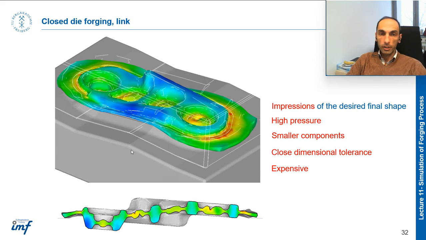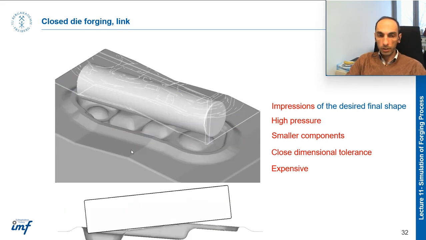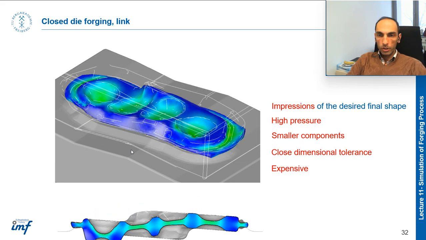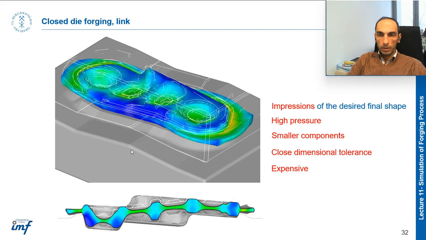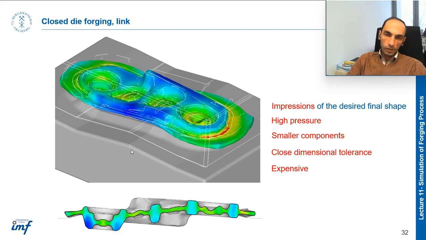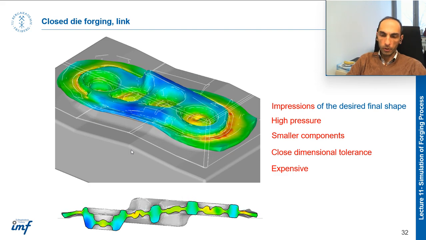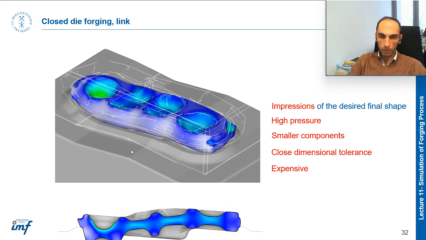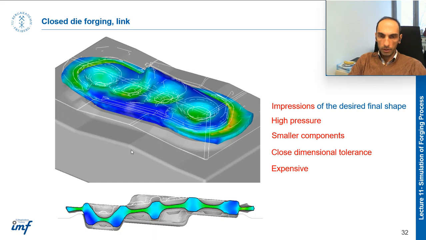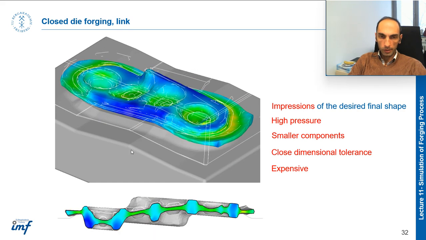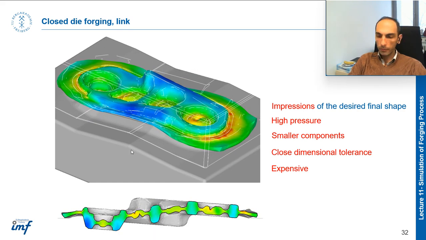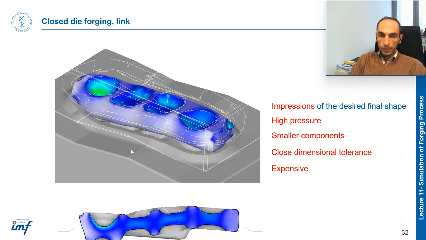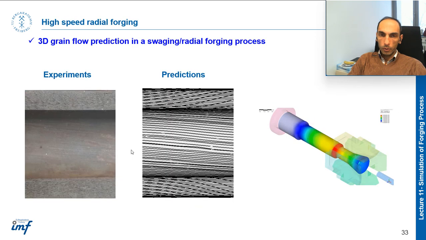As we said before, the components are smaller in the case of closed die forging, but of course it's expensive compared to open die forging, because in open die forging you do not have to make the die, and the process is much simpler. So you can see that we can simulate the open die forging and the closed die forging.